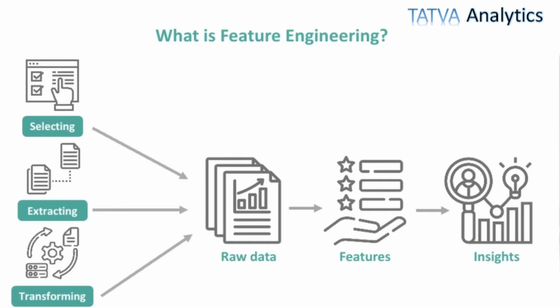Then you need to do feature engineering, in which you create new features. Features are the variables that provide you insights from the raw data, as you see here. So you need to create features or transform existing ones to enhance the predictive power of your models. The predictive power of the model is entirely dependent on the variables or features that you bring into the model.